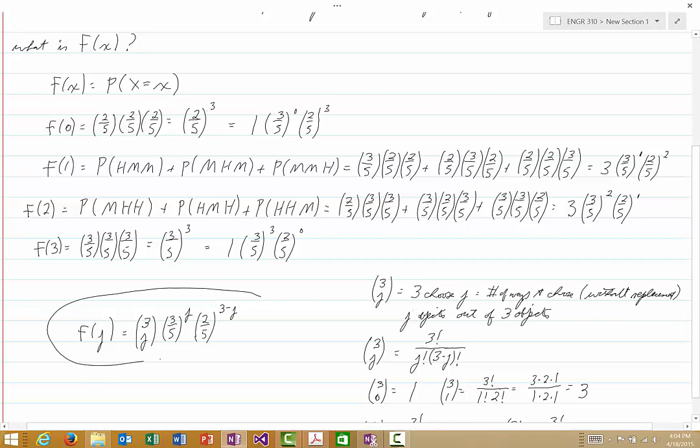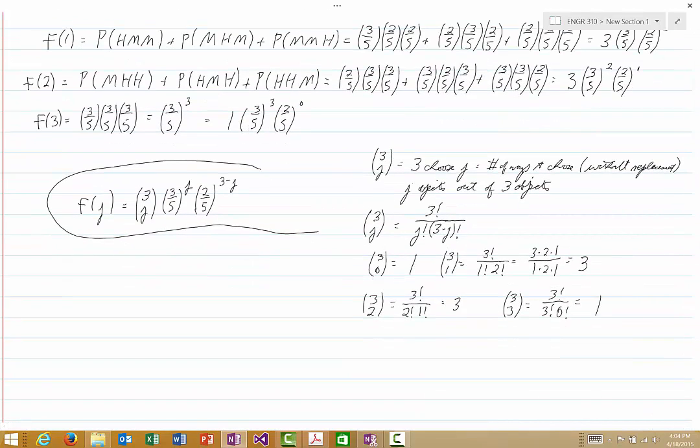And so here is a compact way of writing the formula. Remember that j is the number of hits, so j equals 0, 1, 2, or 3. And there is your formula for the probability function.